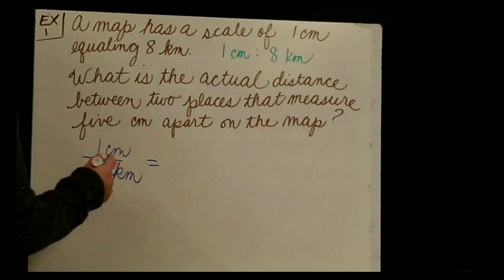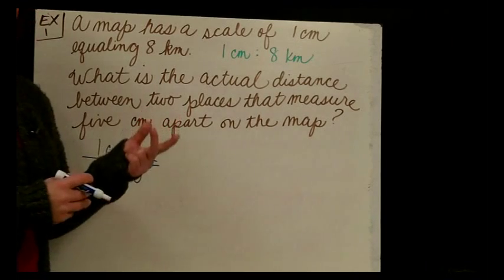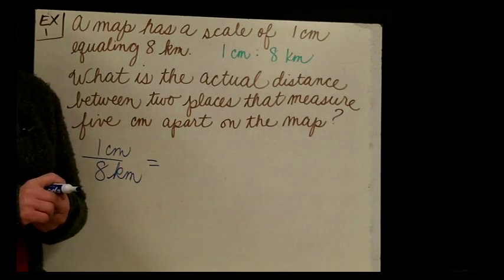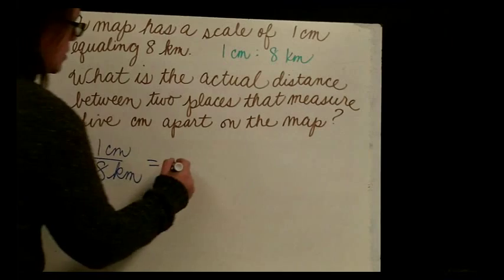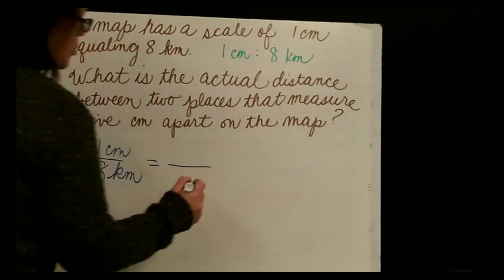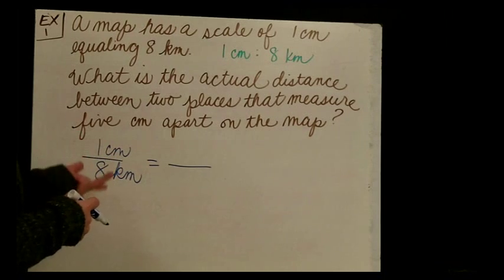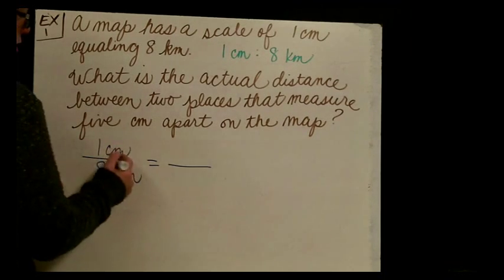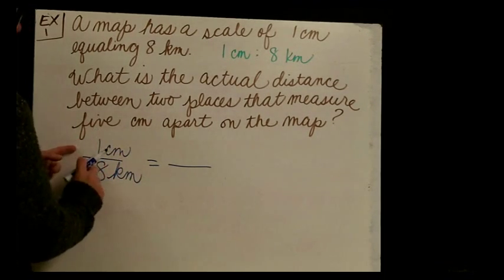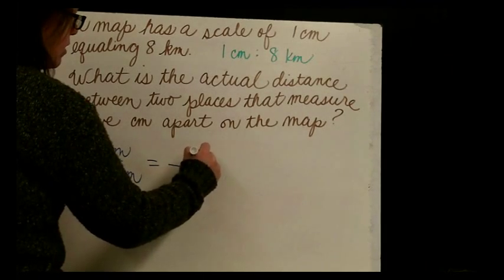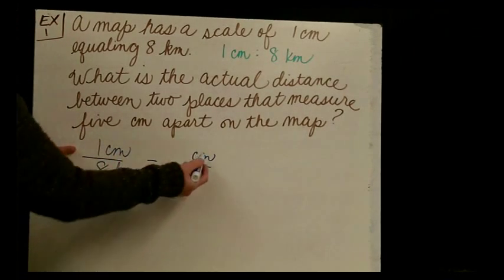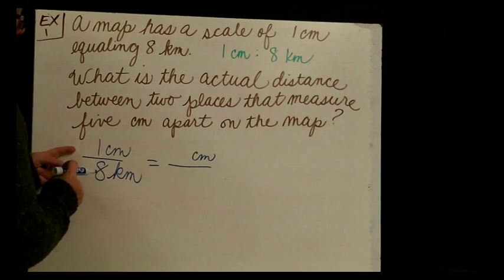And because we have to compare this to another measurement, it means we have a proportion. So we're going to make our scale equal to a fraction. So how do we know what goes where in this fraction? Well, since we have centimeters up here in our numerator, it means that centimeters must be in the numerator of our second ratio.